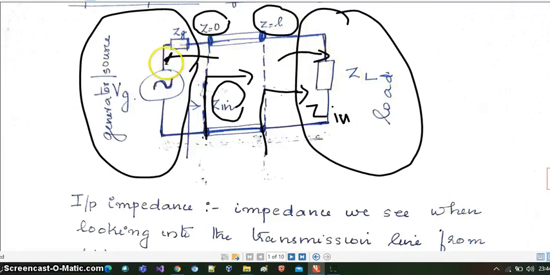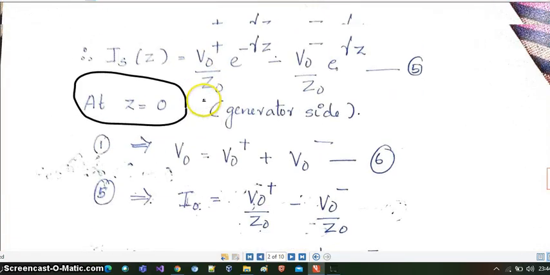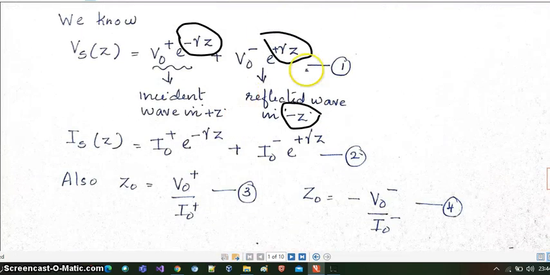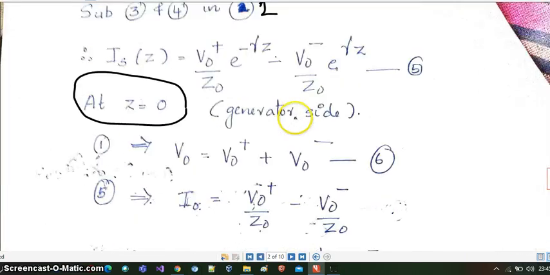So at Z equal to 0, I can substitute Z equal to 0 in equation 1. If I substitute Z equal to 0 in equation 1, then what happens? Vs(0) is equal to V0+ plus V0-, so V0 is equal to V0+ plus V0-.